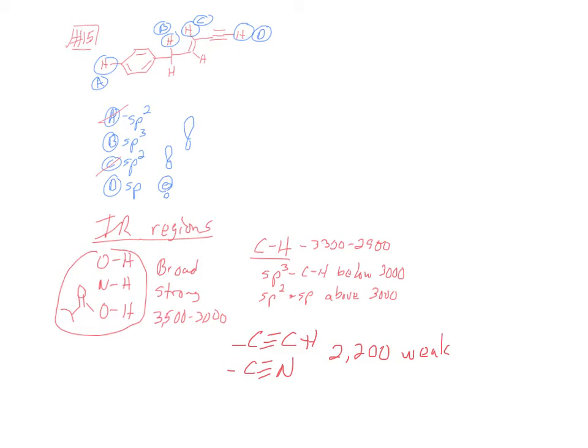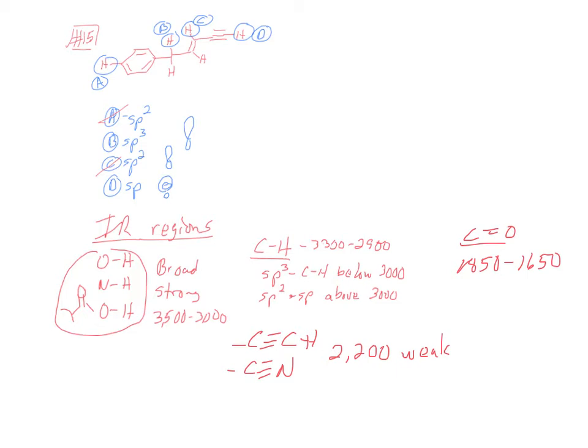And then, of course, there's the C double bond O region, and that's around 1850 to 1650. I think I highlighted this on problem 65. I did it in the 8 a.m. class from Friday. It's the last problem I did. Take a look at that. I walked through that.